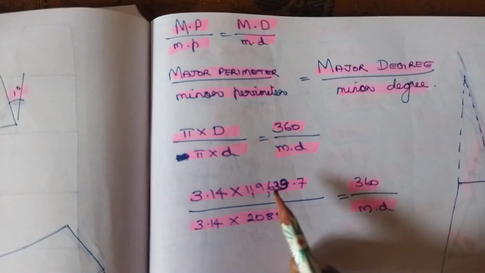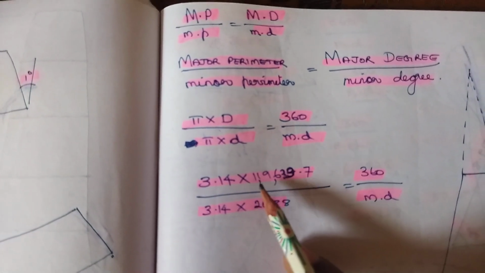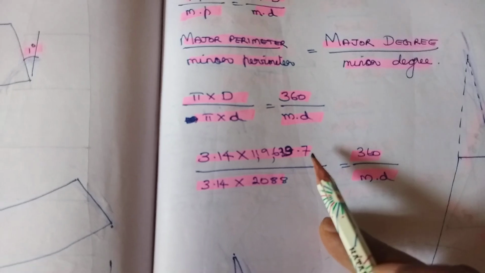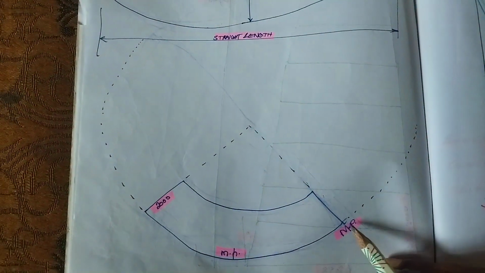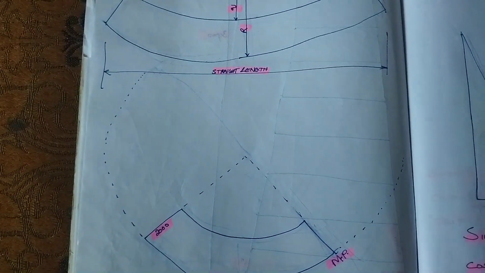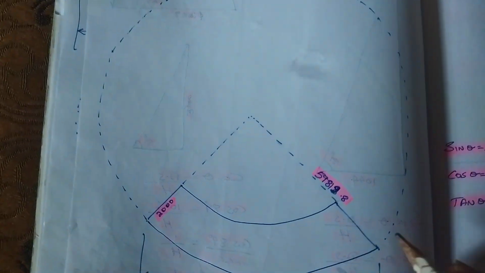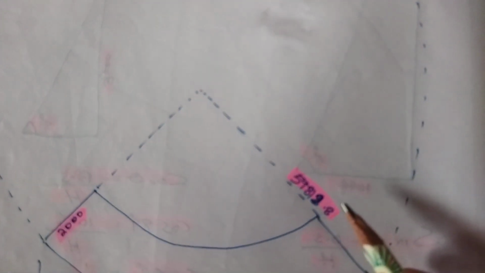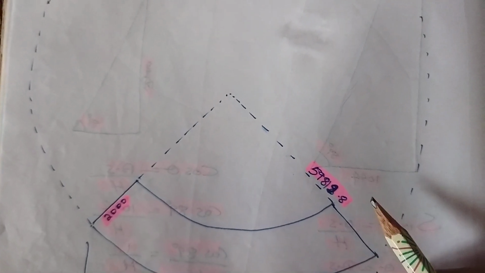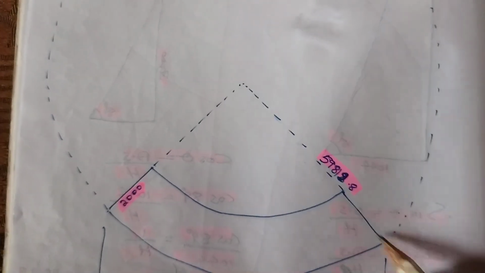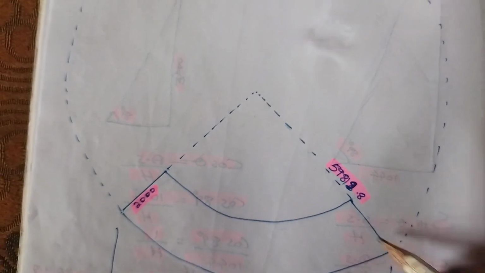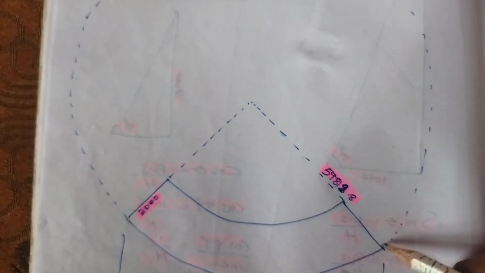Diameter is 1,19,639.7. How did we get that measurement? From here to here, we already found out its radius is 59,819.8. If it is 59,819.8, that is radius only. Then what will be the diameter? Radius plus radius, or radius into 2.